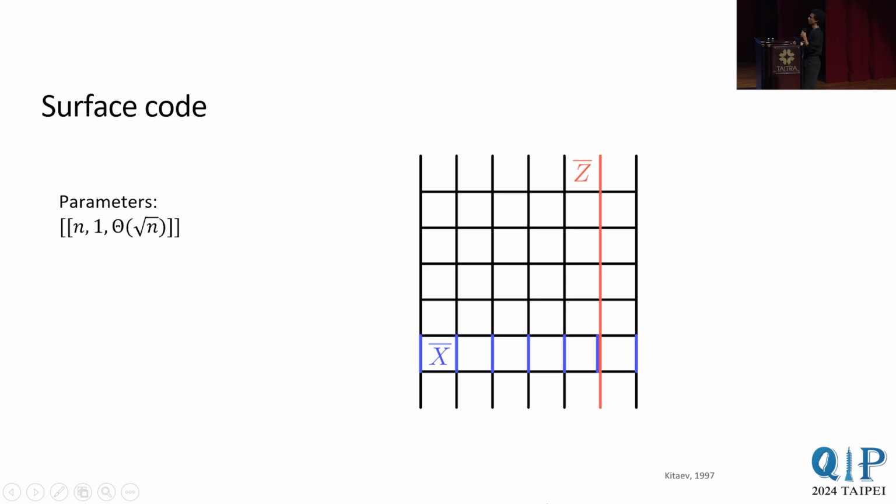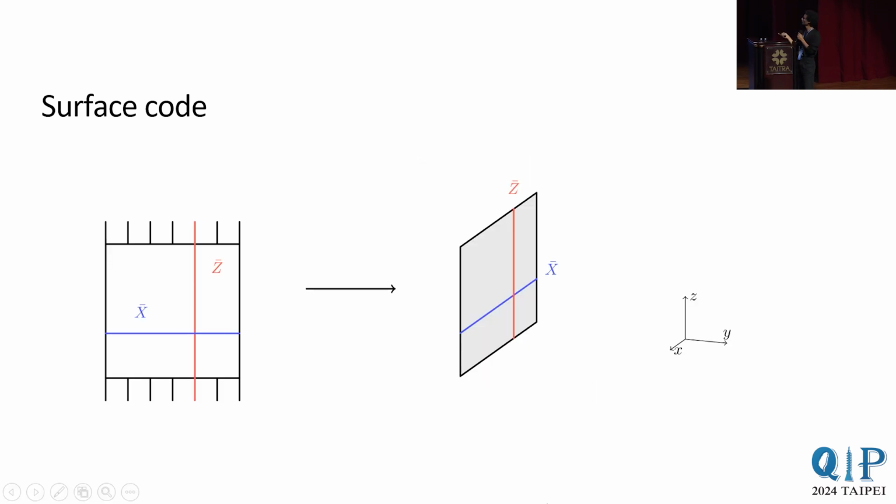To explain lattice surgery, I'll have to talk very briefly about the surface code. Most of you know what the surface code is, so I'm not going to dwell on it too much. The point is that it has 2 logical operators, a Z going up and down, and an X going from left to right. Since we're considering 3D local codes as our target, we're going to embed this code in 3D.